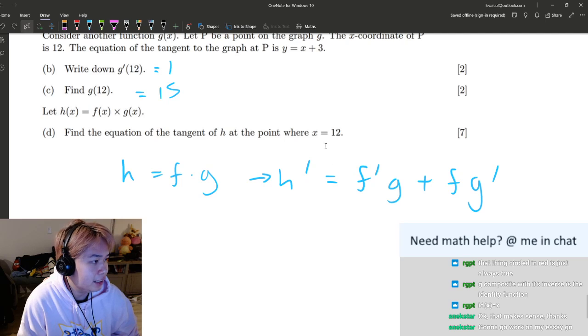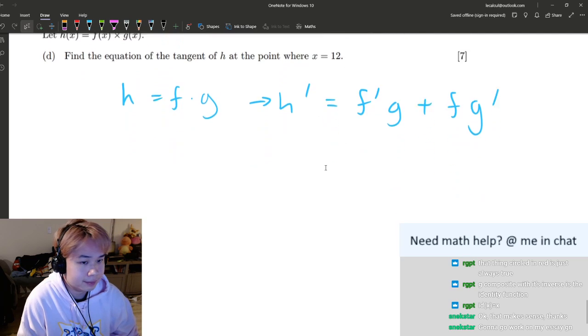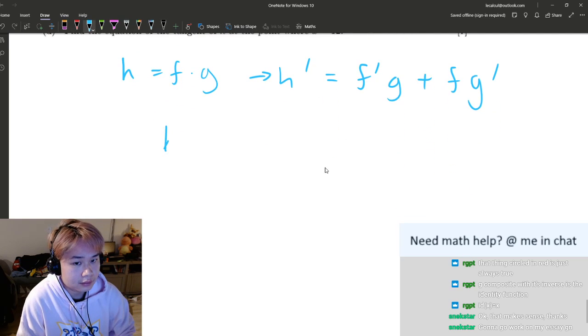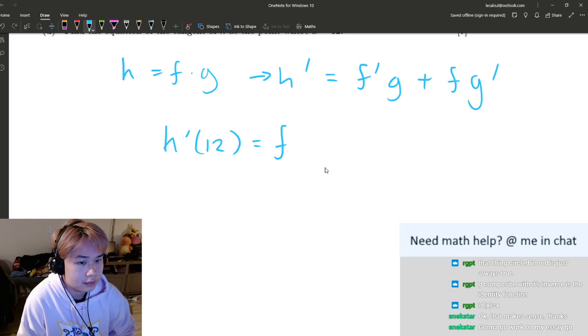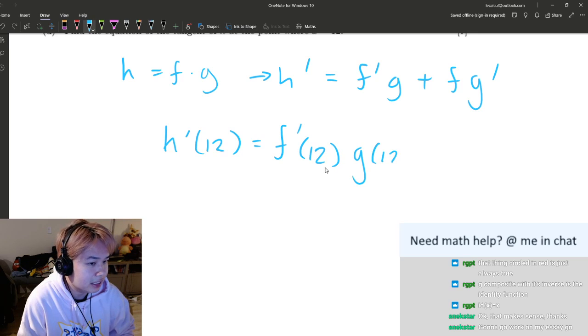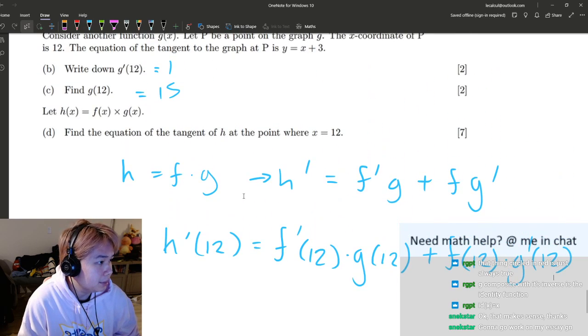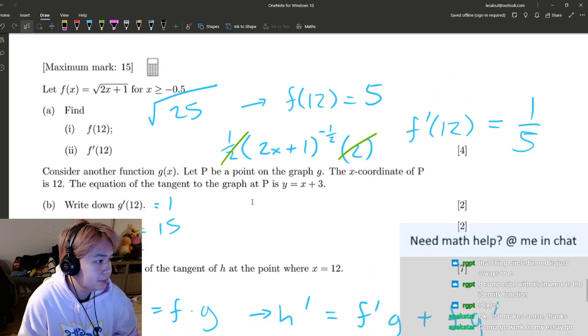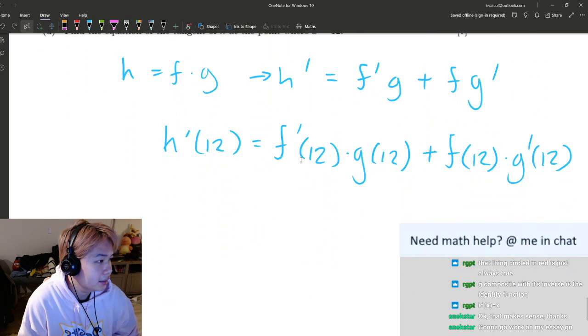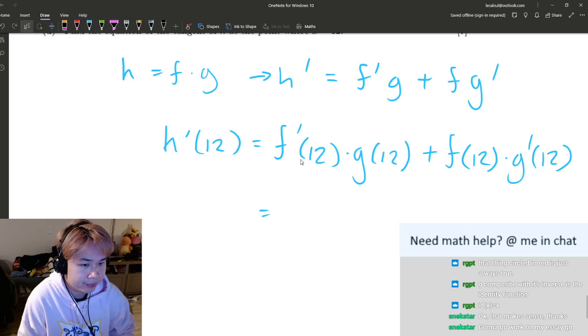Okay, and then we evaluate this at the x value 12. So I'm plugging in 12 into all of these functions, and I'm assuming that I know what all of these values are going to be, because I probably figured them out here, right? Okay, so let's see what we have.